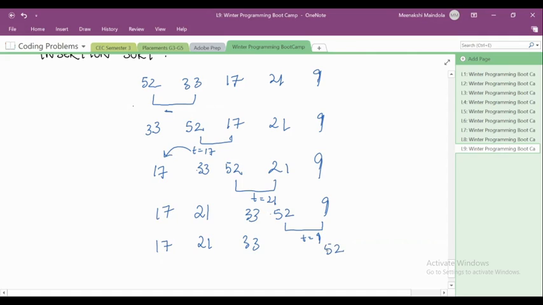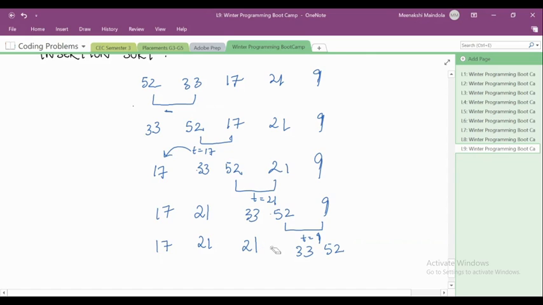Now the next thing that you do is you compare 9 with 33. So you see 9 is less than 33, so you first copy 33 here. Now again you compare 9 with 21. So you say that 9 is smaller than 21, so I am going to copy 21 here.